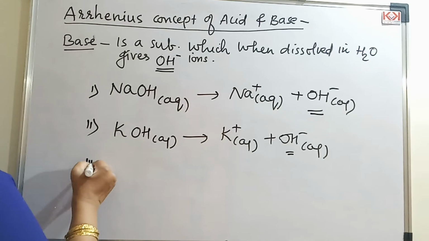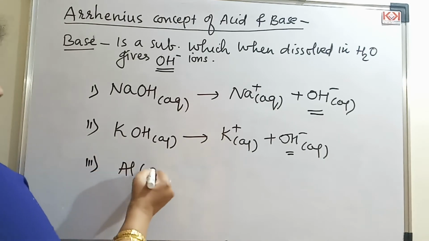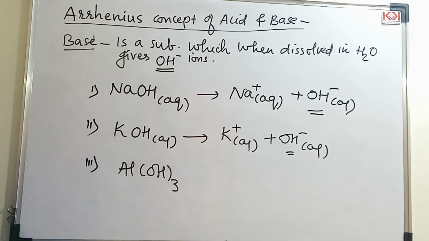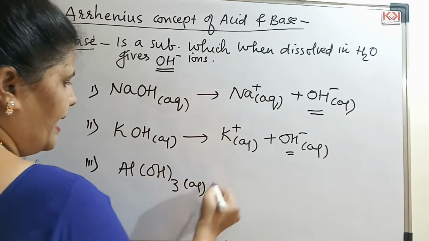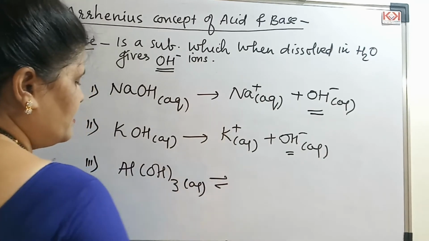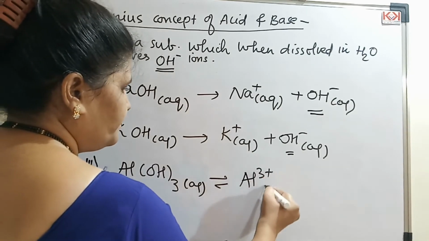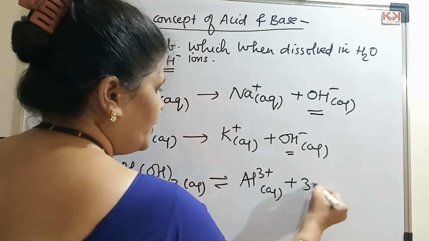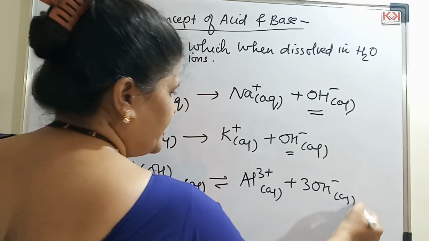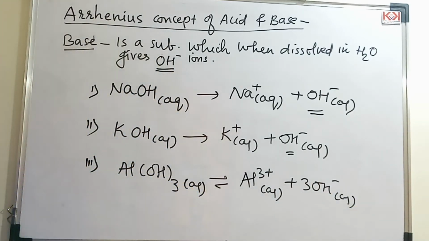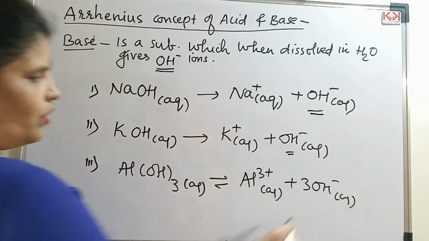Let me take one more example, aluminium hydroxide. How will it form ions, student, here? This is a weak base, so I can have here Al3 plus and 3OH minus. Is it a base according to Arrhenius? Yes, it's a base according to Arrhenius because it is giving hydroxyl ions.